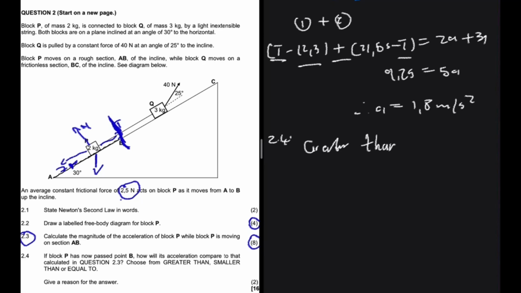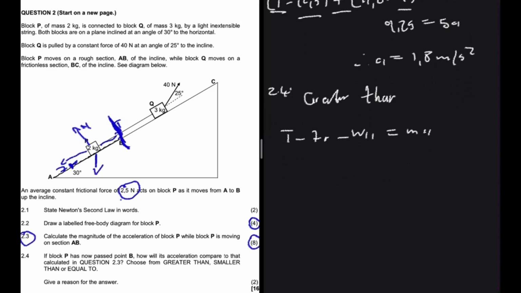Let's talk about it. For the 2 kg block, we had tension minus friction minus weight parallel being equals to mass multiplied by acceleration. So if we make acceleration the subject of the formula, you would get tension minus friction minus weight parallel, divided by the mass, being equals to the acceleration.